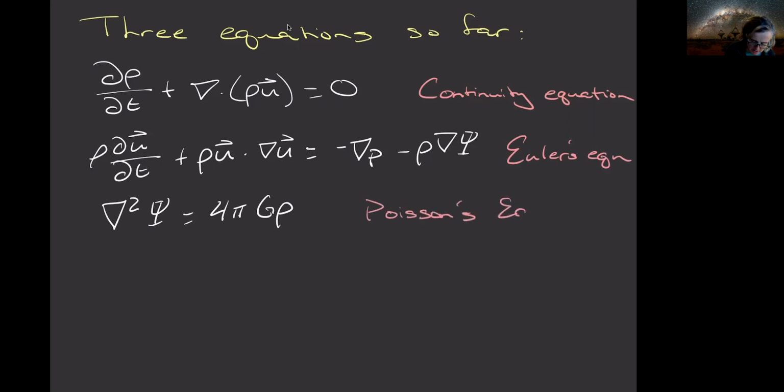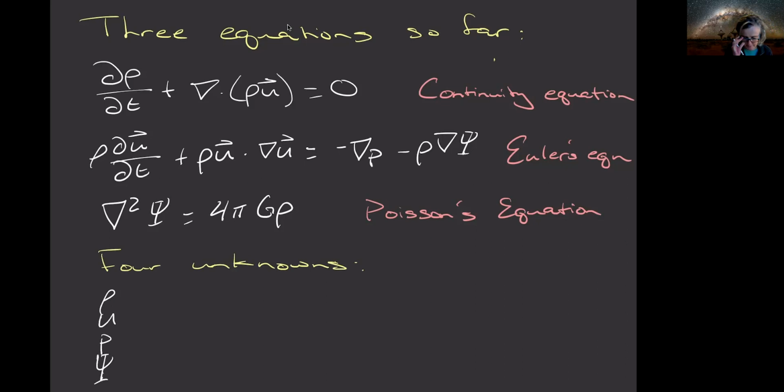So we have three equations. The first two can be combined and along with the third one, and we have four unknowns. Those four unknowns are the density, the velocity field, the pressure, and the gravitational potential.